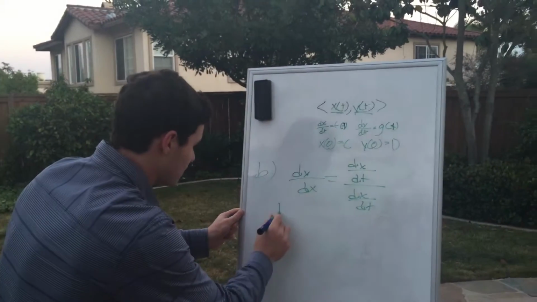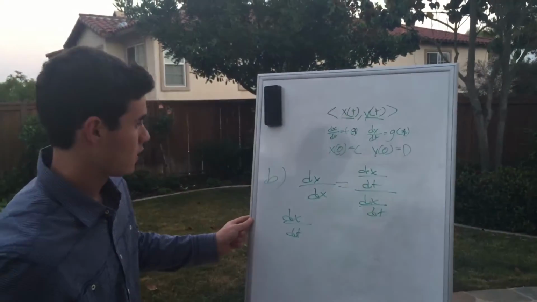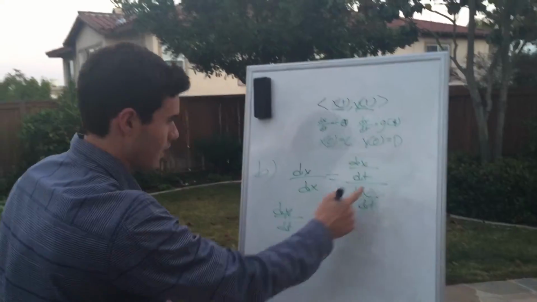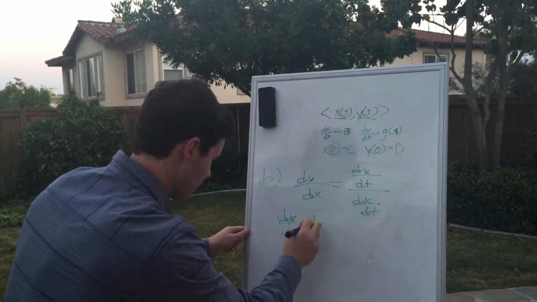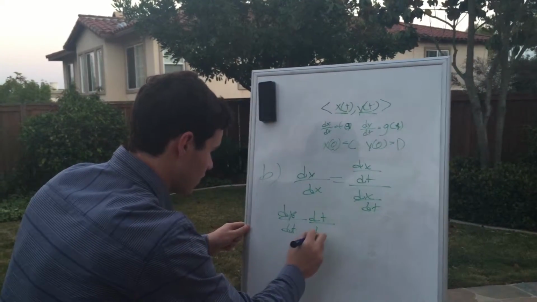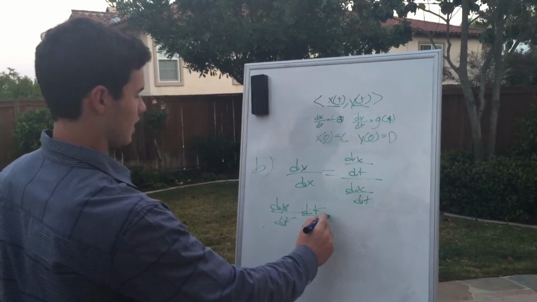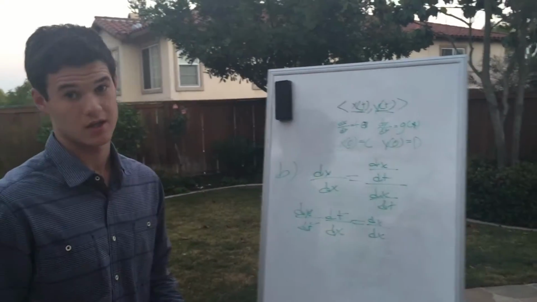This is because if you make this division into multiplication, the dt cancel out, and that equals dy over dx, which is slope.